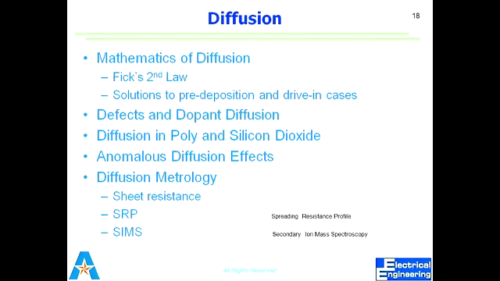In diffusion, what we are going to discuss today, first of all, is the mathematical equation for diffusion that was given by Fick: Fick's first equation and Fick's second equation, the first law and second law. We can find the solution by applying certain boundary conditions, and that solution can be used as an equation to find the diffusion or the dopant concentration at any depth.